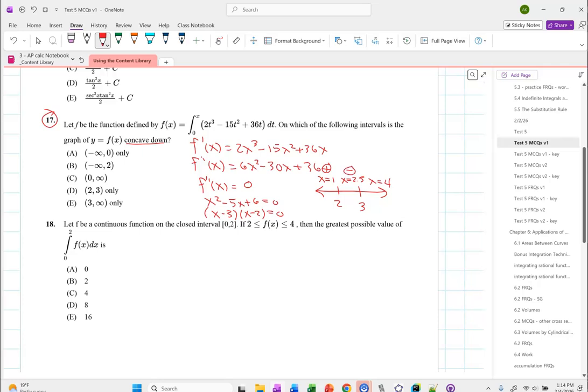Negative times positive is negative. 4 minus 3 positive. 4 minus 2 is positive. So there we go. I don't know if there's a better way of doing that without a calculator. Everybody okay there?